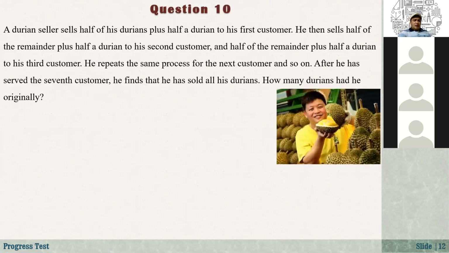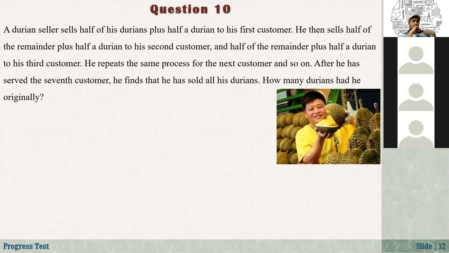Javid, can you read this problem, please? Okay. A durian seller sells half of his durians plus half a durian to his first customer. He then sells half of the remainder plus half a durian to his second customer, and half of the remainder plus half a durian to his third customer.